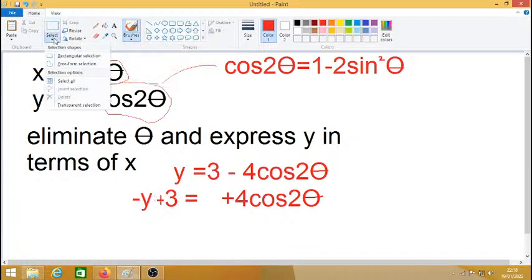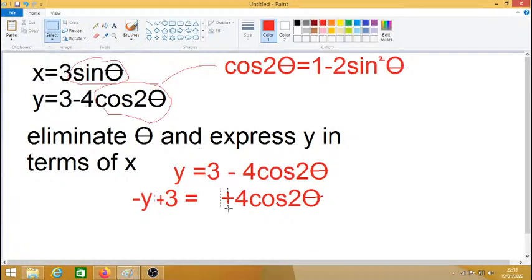Then I can get rid of this plus here. There's nothing to plus, so that can go. And then I can divide by 4. So I can take the 4 over as well. That's a times 4, so that's going to become a divide 4.